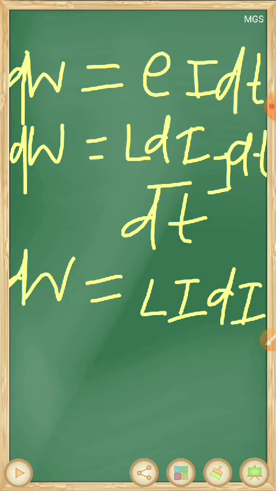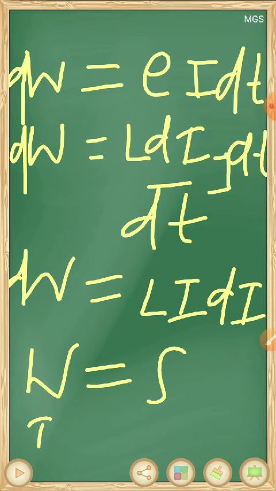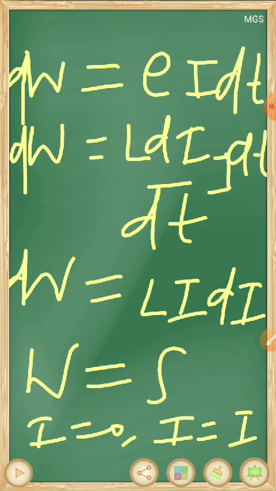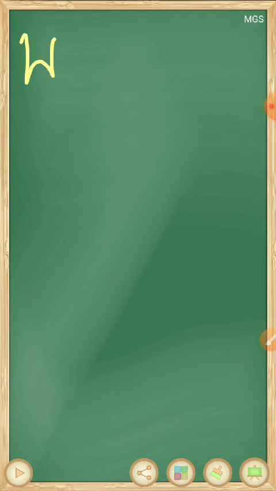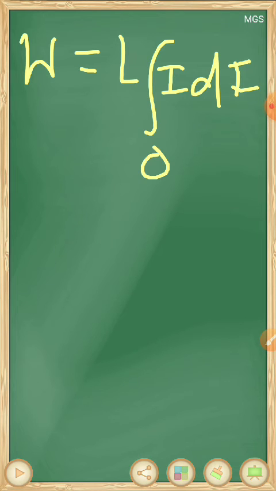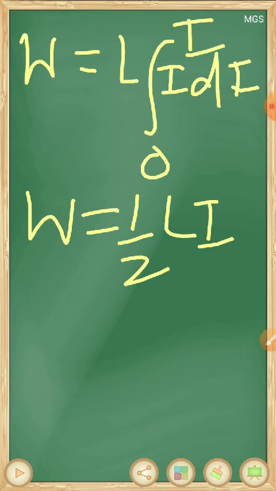So total work done by the source in order to send current from I equal to 0 to its maximum value I is the integration of dw, that is W is equal to integral of L I di from 0 to I, solving which we get half L I square.